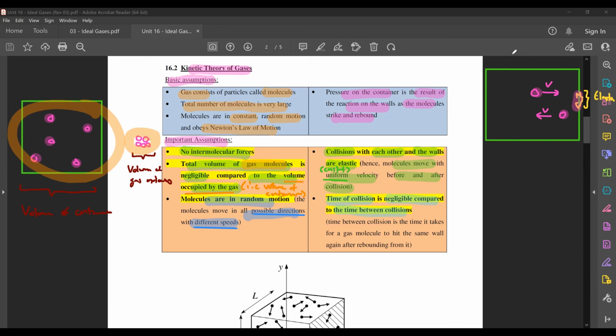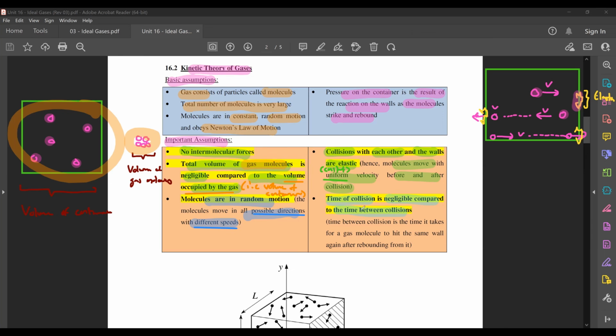Once it rebounds, just like I mentioned to you, it will rebound back with the same velocity. So it will continue to move until it hits the next wall. Because it hits the next wall here, there's another collision where your molecule will again rebound the other way. So it now hits back this wall, so that you now have another collision here.